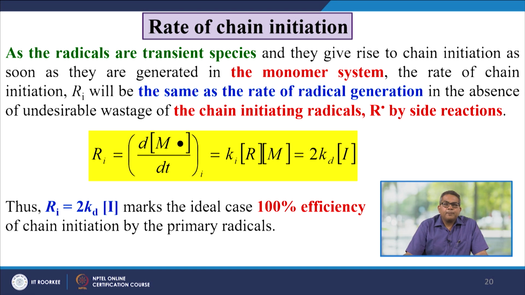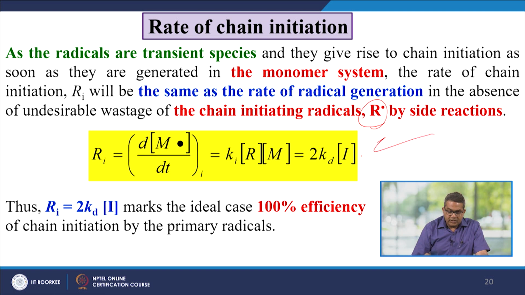Now, as the radicals are transient species and they give rise to the chain initiation as soon as they are generated in the monomer system, the rate of chain initiation Ri will be the same as the rate of radical generation in the absence of undesirable wastage of the chain initiating radicals R by side reaction.